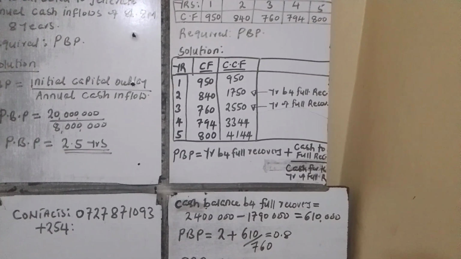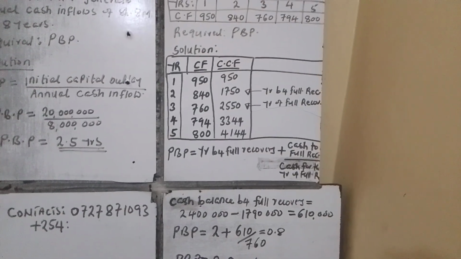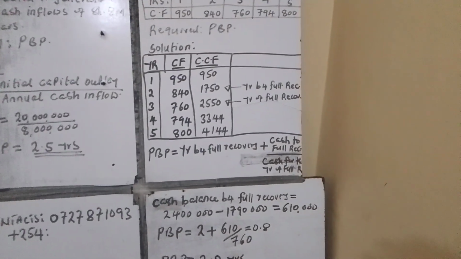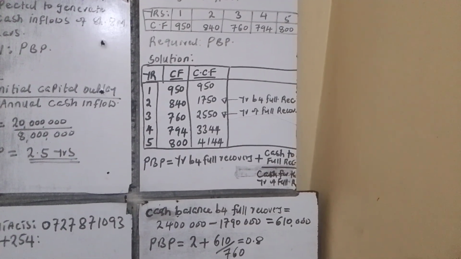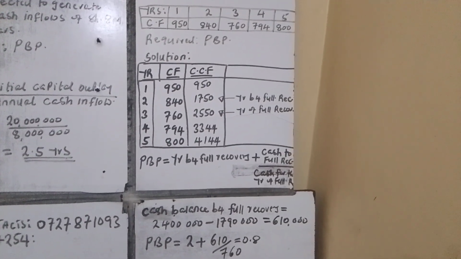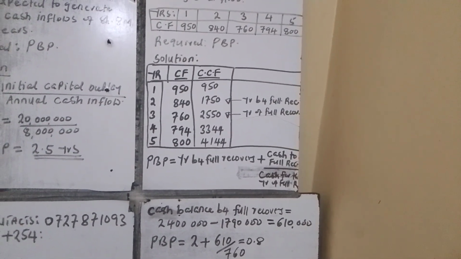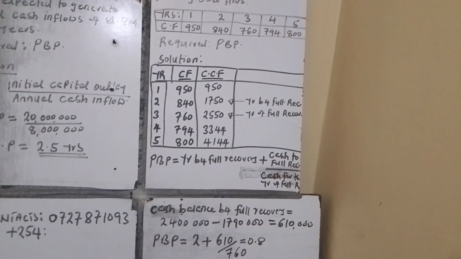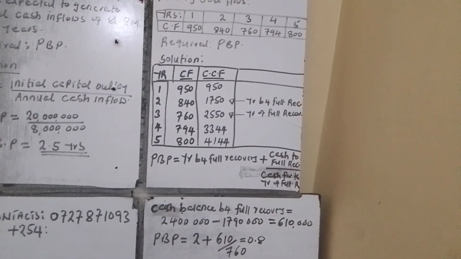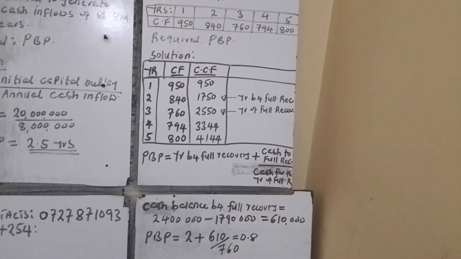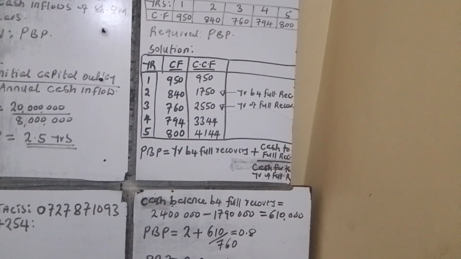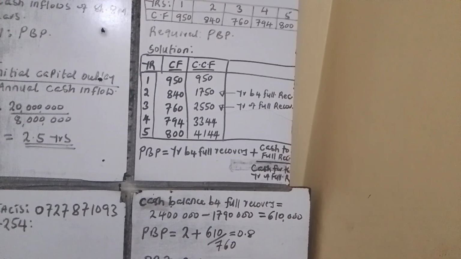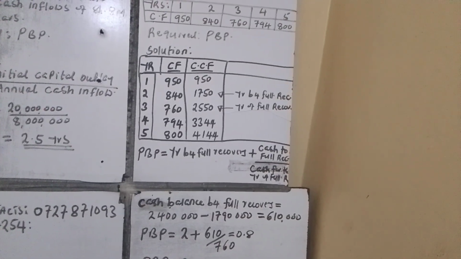Because you are saying the cash to full recovery in year 2. 2.4 is in between 1750 and 2550.